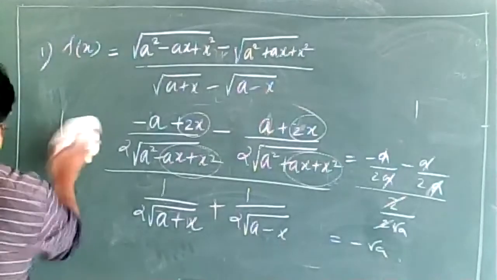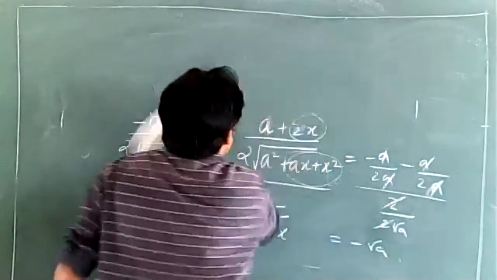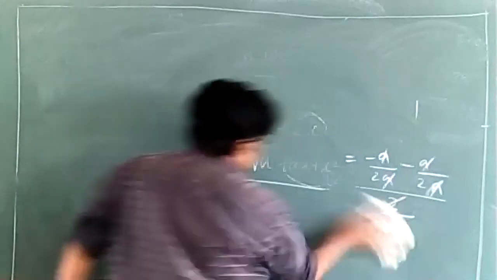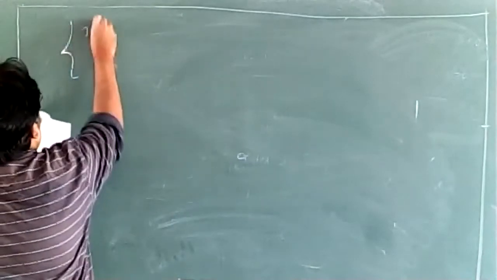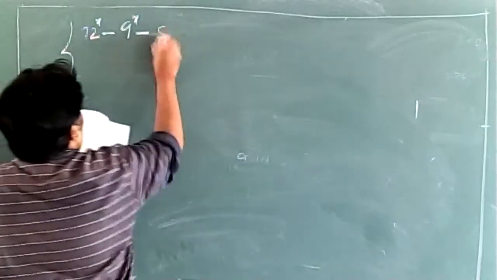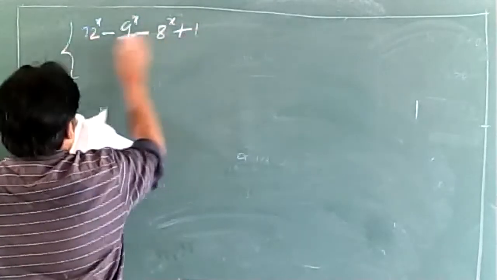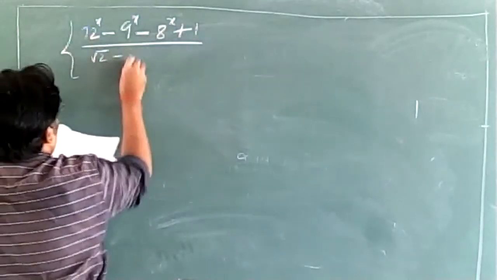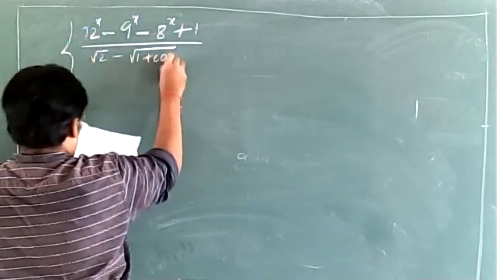So coming to question 12. Second problem. This is important. 72 power x minus 9 power x minus 8 power x plus 1 divided by root 2 minus root of 1 plus power x.